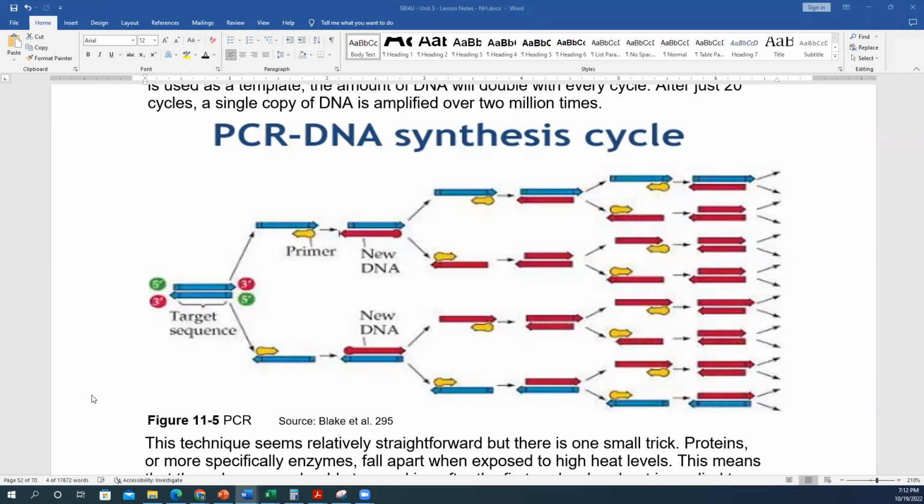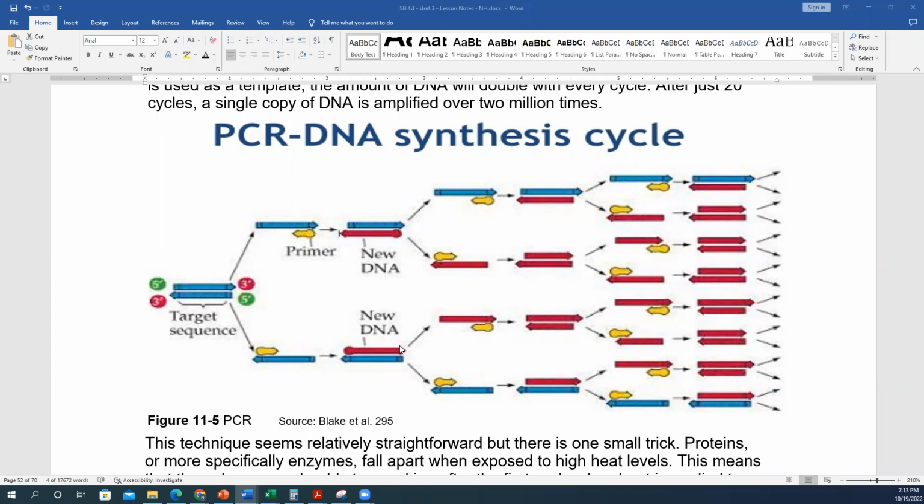So this technique seems pretty much straightforward if you think about it, except for the fact that you are heating this DNA sample to 95 degrees Celsius. And if you think back to that discussion we had about enzymes having optimal temperatures and denaturing at temperatures beyond that, at 95 degrees most proteins, and specifically enzymes, will get denatured and lose their shape when they're exposed to high heat.